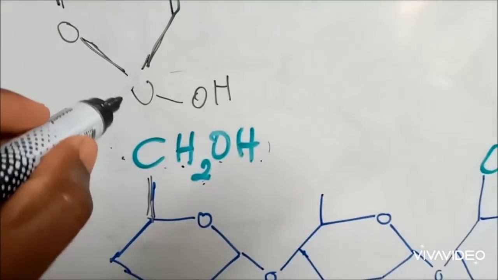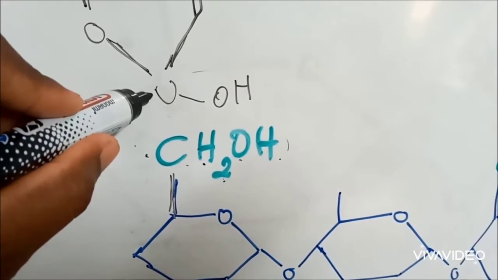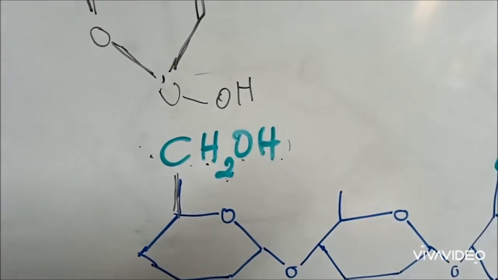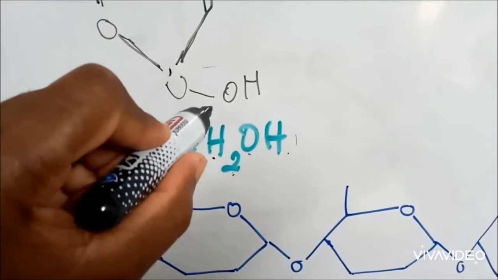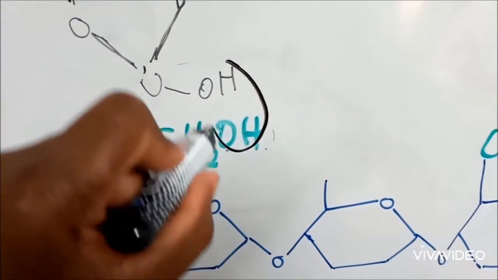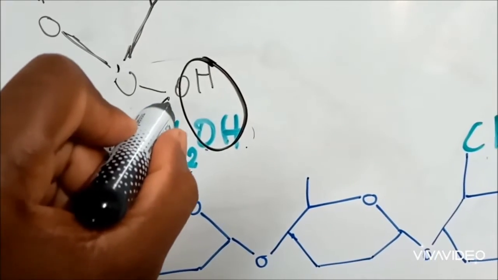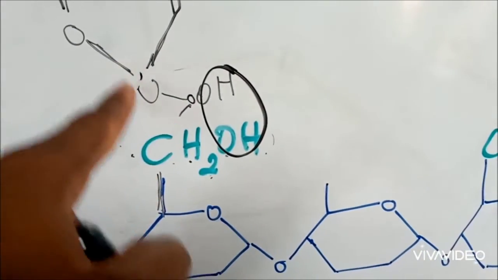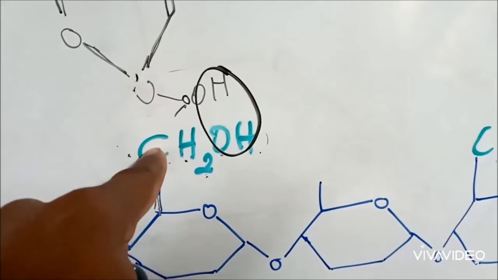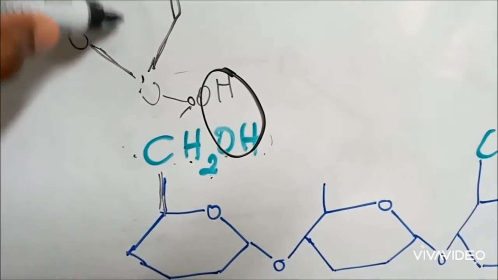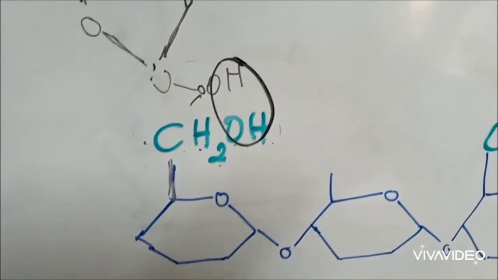Good. Now what you can have happening is carbon 1 from a new chain is going to be bonded right here to this, forming a glycosidic bond with carbon 6 and carbon 1. So you have another chain branching off.